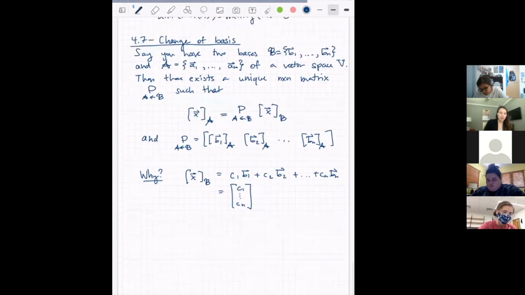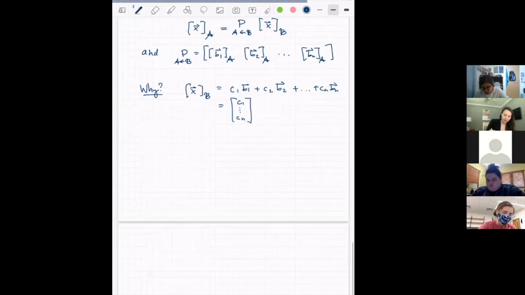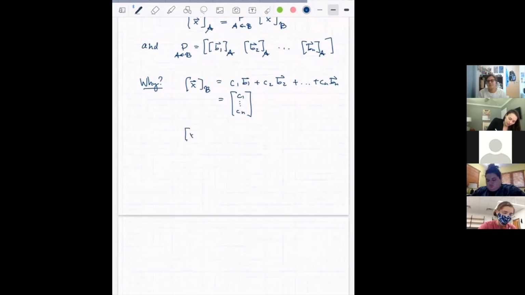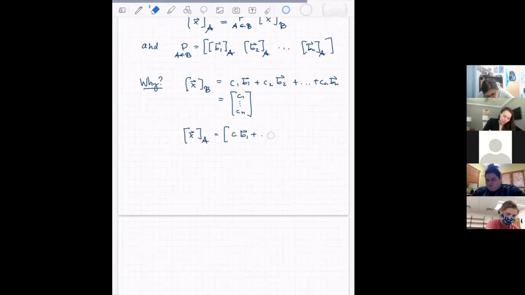Okay. And then we want to end up with the coordinate vector in terms of A, right? We know what its coordinates are in terms of B, so let's write that out. This is equal to this linear combination of the Bi's.